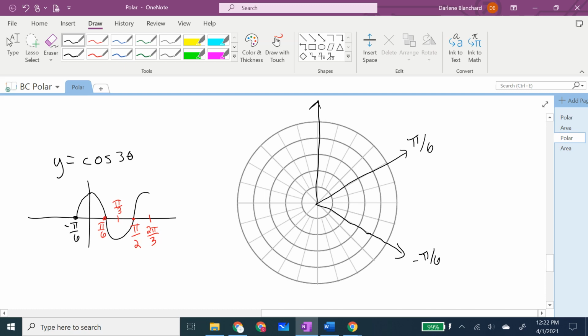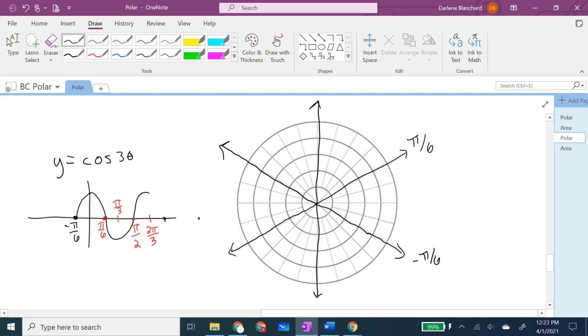Do you see the pattern of how much angle a loop takes up? A loop takes up a pi over 3 amount, and halfway through it does its peak. And I'm going to put in all the angles. I'm cutting it up with what would be showing up as the x-intercepts of that.